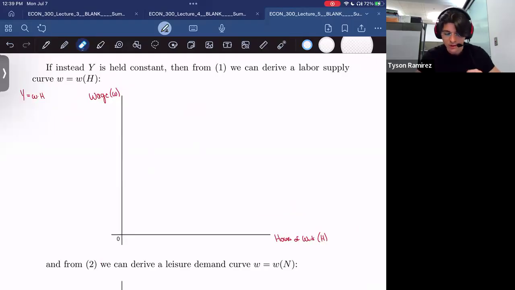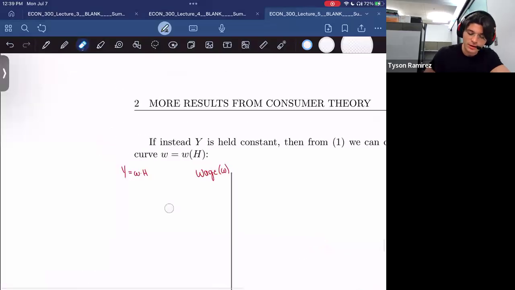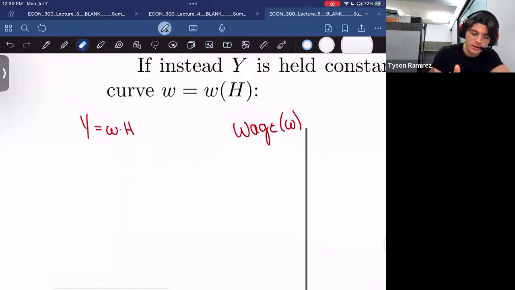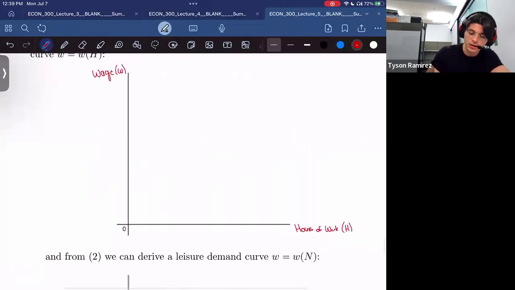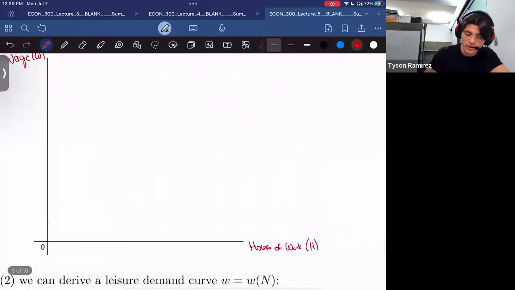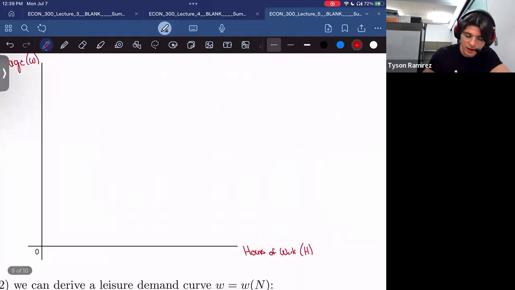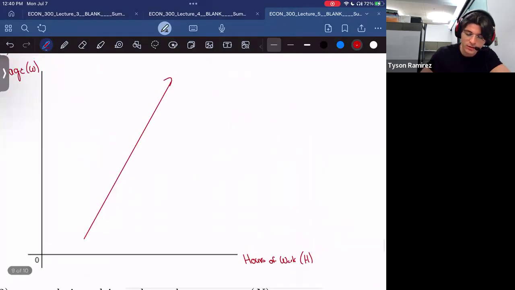Then this would give us, yeah, I see what I was. The book kind of spared some details, so just ignore what I had written right there. What we'd find is that we get something like an upward sloping labor supply curve.